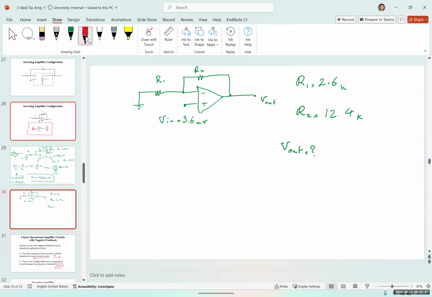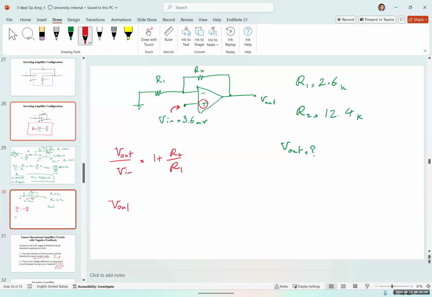So first question is, what type of amplifier is this? Because the input is connected to the positive, it's a non-inverting amplifier. And for a non-inverting amplifier, V out over Vn would be equal to 1 plus R2 over R1.